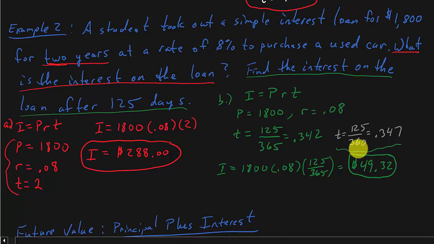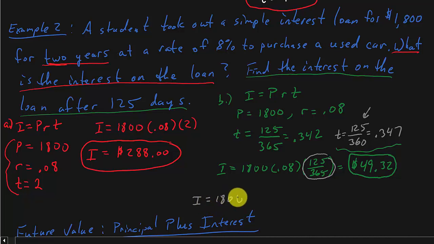Now, I wonder why the banks like to use the 360 instead of the 365. Well, you can see that we're multiplying all these three together. When I replace this with this right here, you can see that number's a little bit larger, so the interest is more. Probably why the banks want to use the 360.